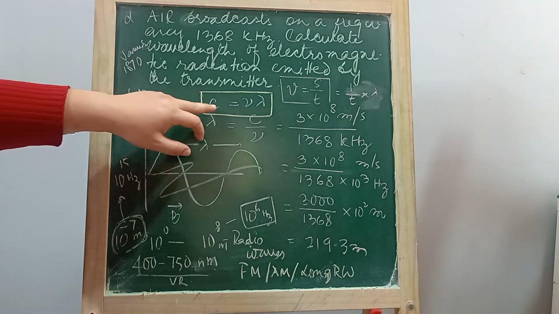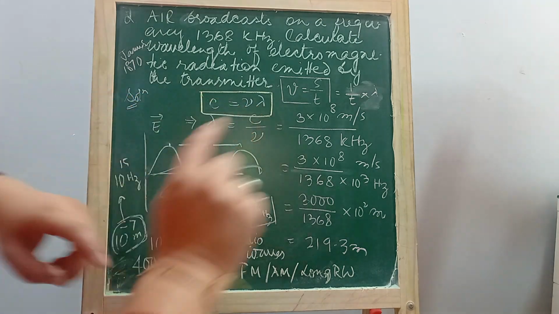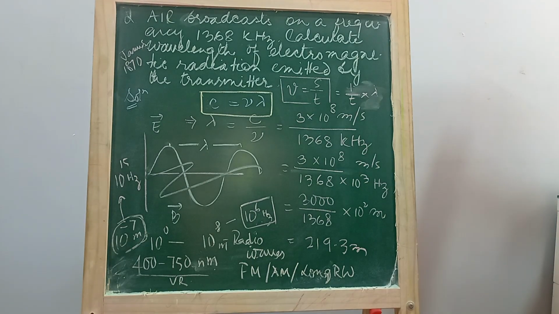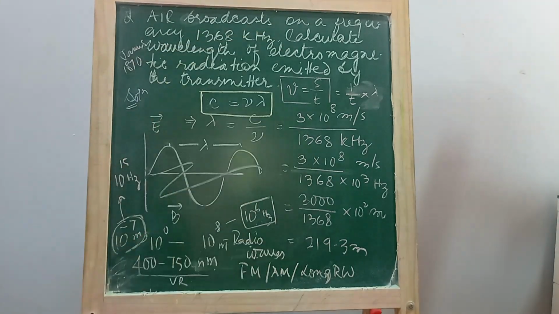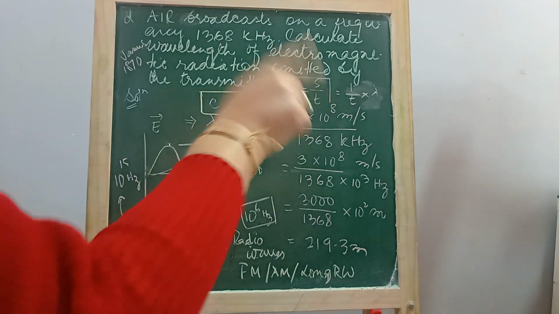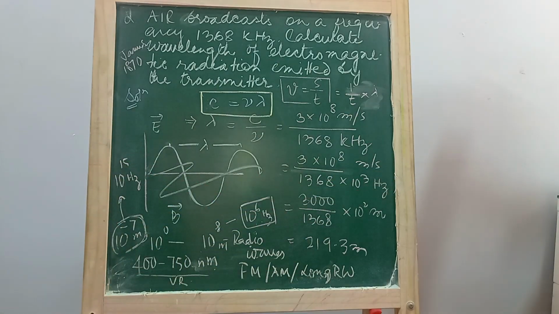So the velocity is constant, which means the frequency and the wavelength of a particular wave are inversely proportional. If the wavelength increases, its frequency will decrease, and if there is an increase in frequency, then the wavelength will be less.